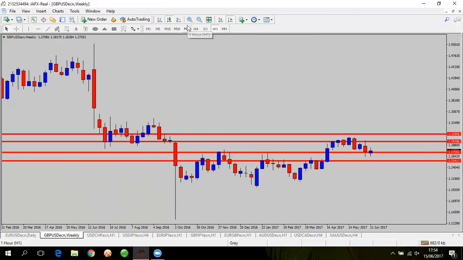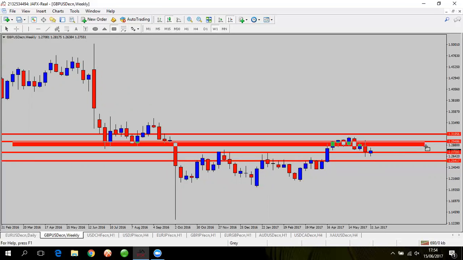Now, another little trick that I like to use with these zones or levels is to draw a zone to the wick. So I'm just going to clone a line to a wick, these two wicks down here. Okay, that's our first one.